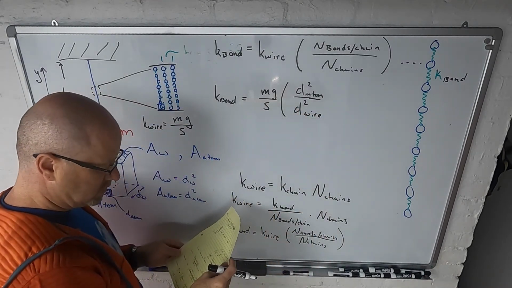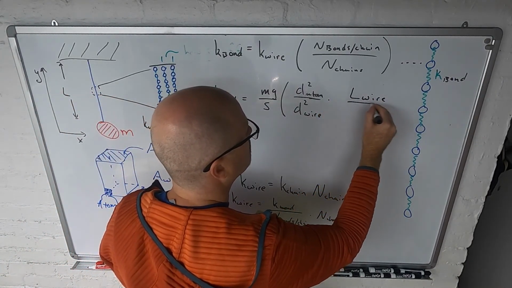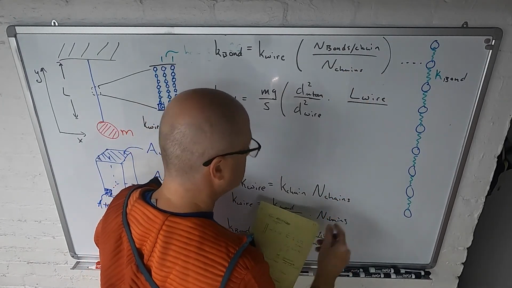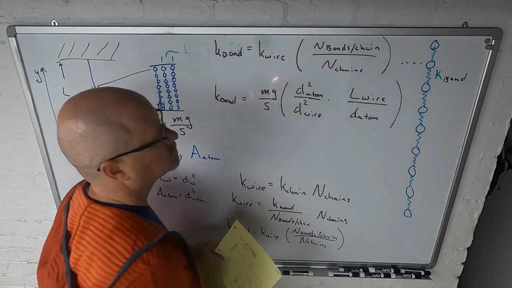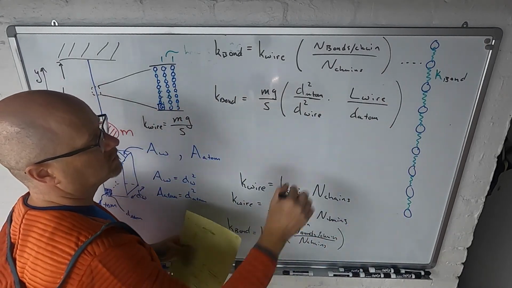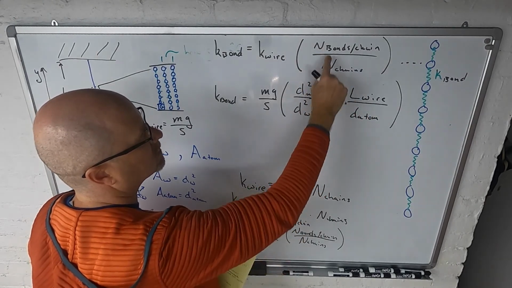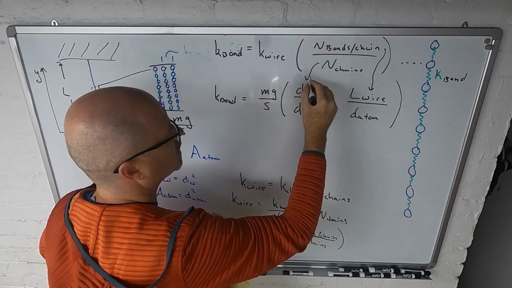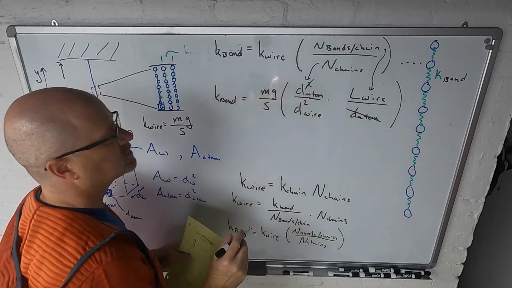Remember, just geometry. Times the length of the wire divided by d of an atom. So that's the number of bonds per chain. That's this quantity, and this is 1 over this quantity. So I can cross out this.